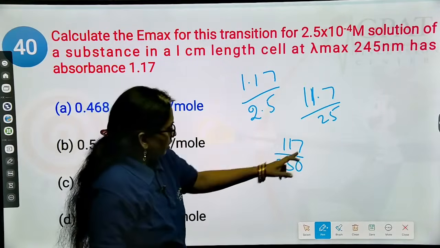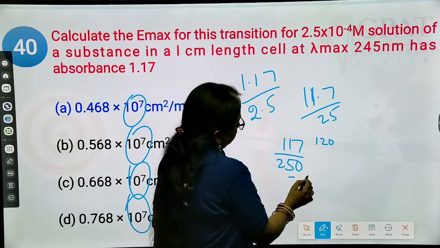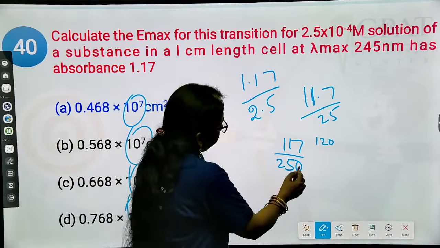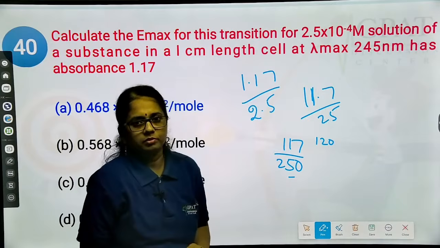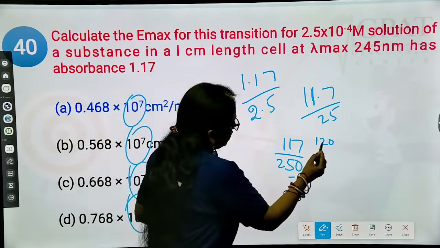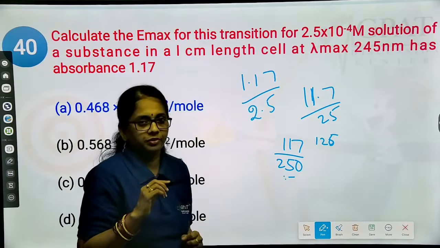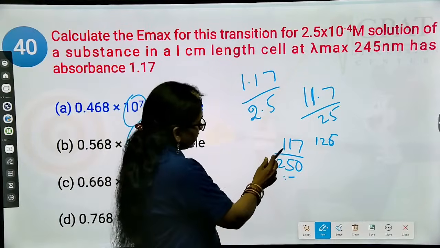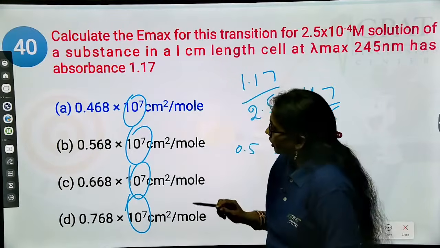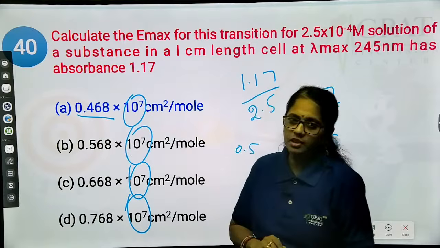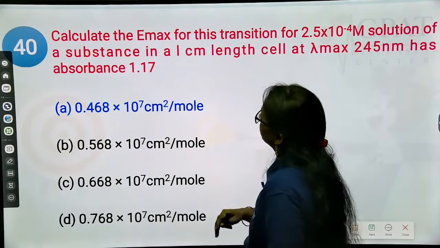If you take this as 120, 240 it will come, so it is approximately less than 0.5. If it is equal to 125, then 125 by 250 equals 0.5. But this value is less, which means the answer is also less than 0.5. So in that way, if you observe here, this is the right answer. In this way, you can answer some tricky questions.